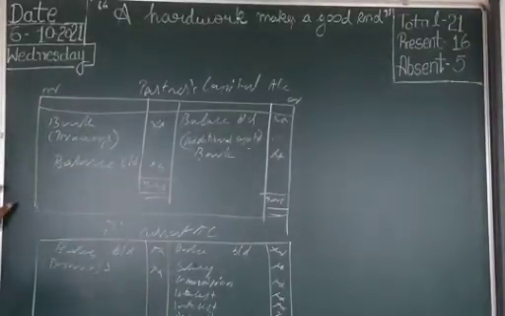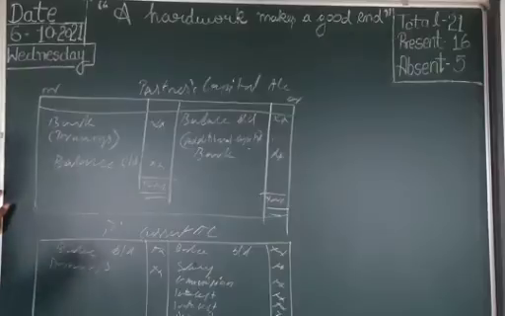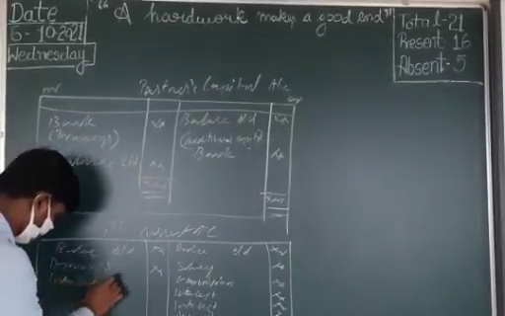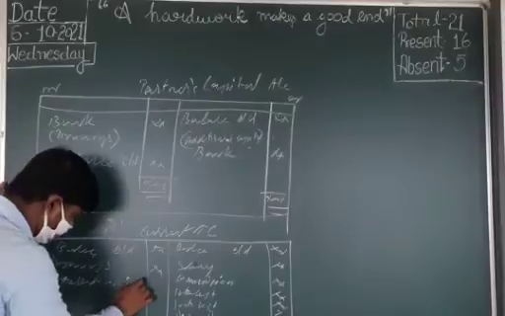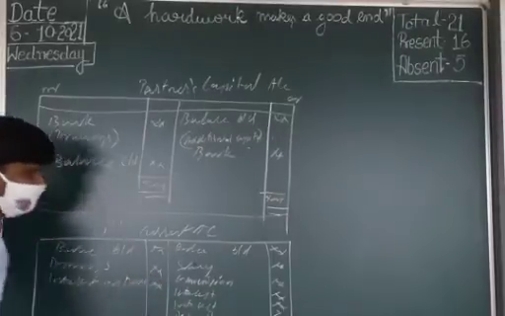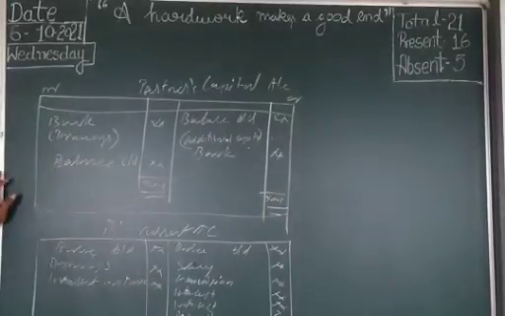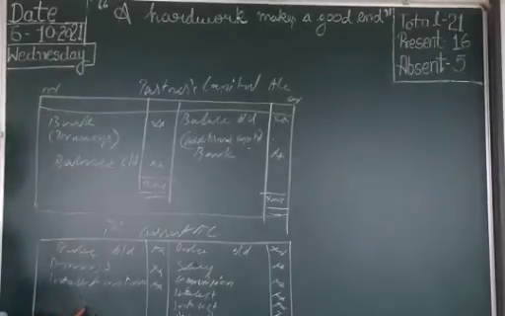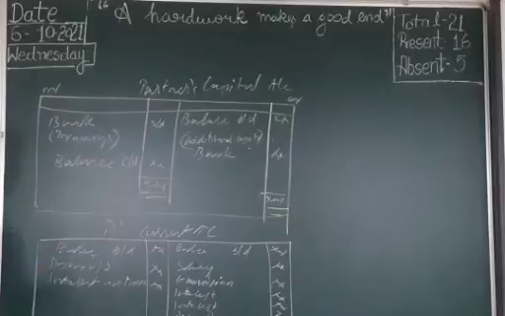Interest on drawings, that means the partner is paying. Expense for that partner, income for the firm. Any other expenses? Profit and loss appropriation account. If a loss is incurred, that also will come here, not there.